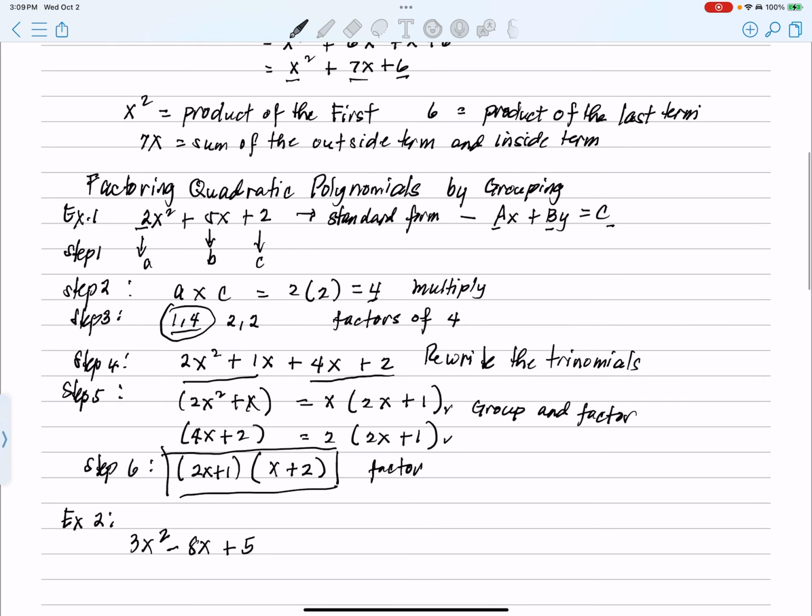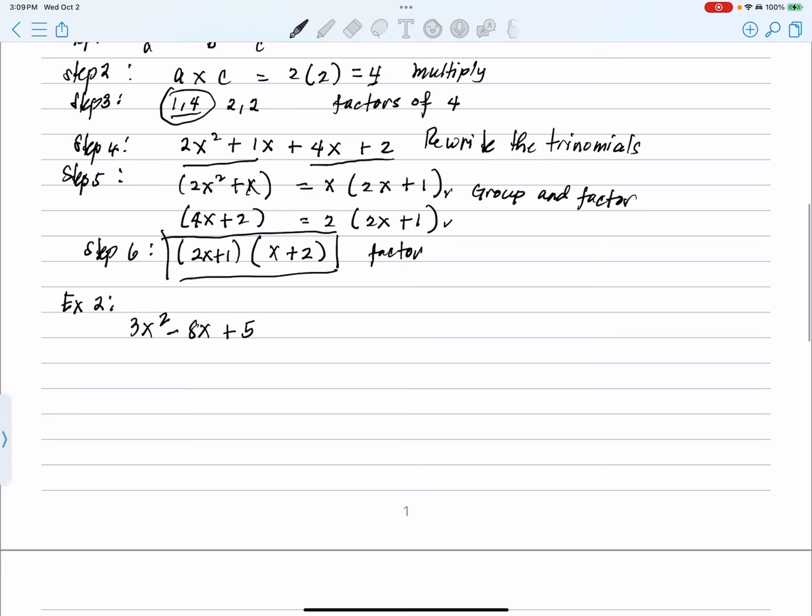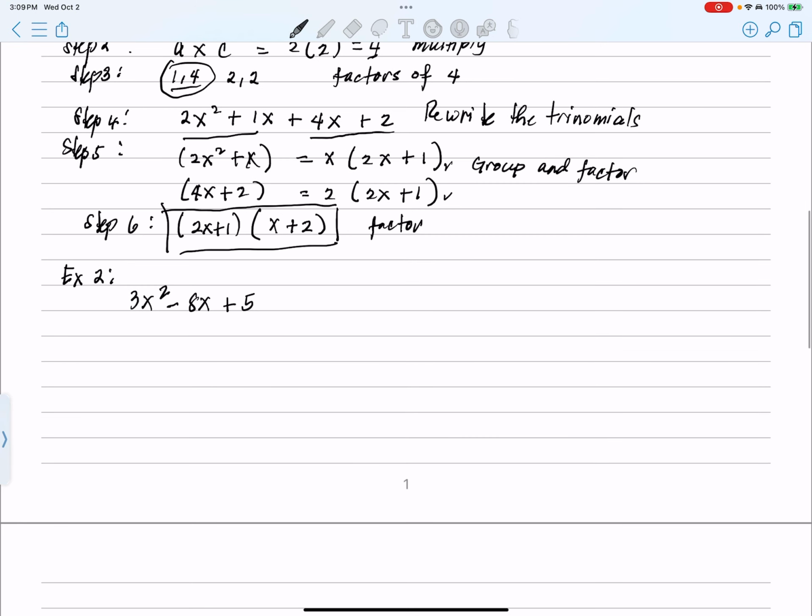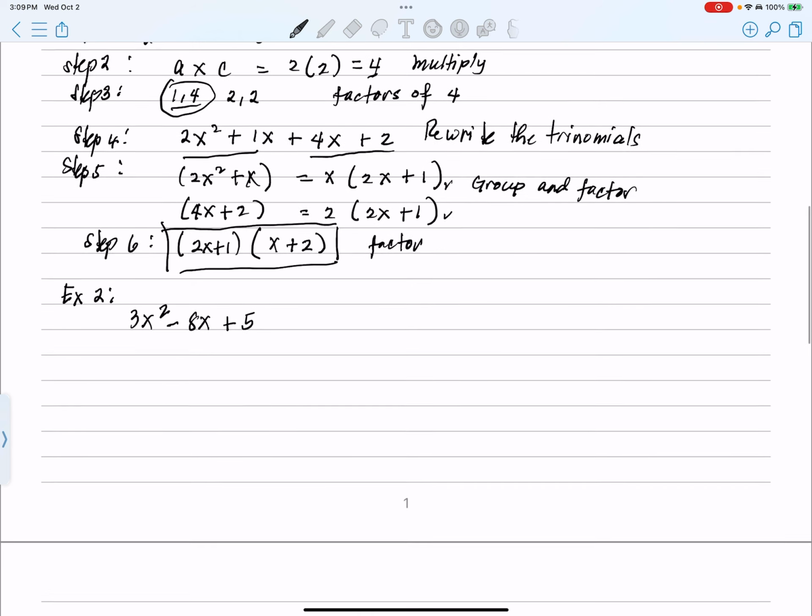Let's have one more example. 3x squared minus 8x plus 5. Alright? So, let's do the first step. This is already in standard form.